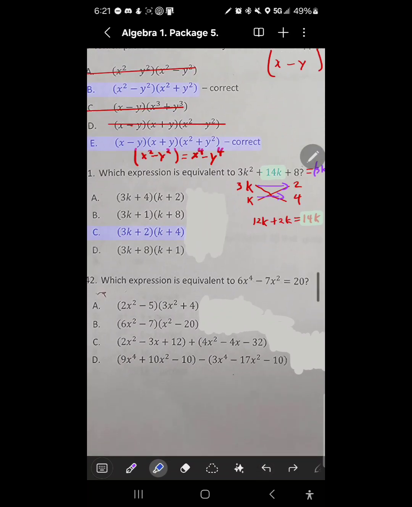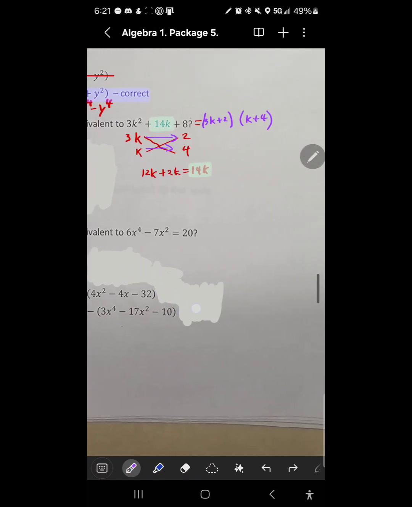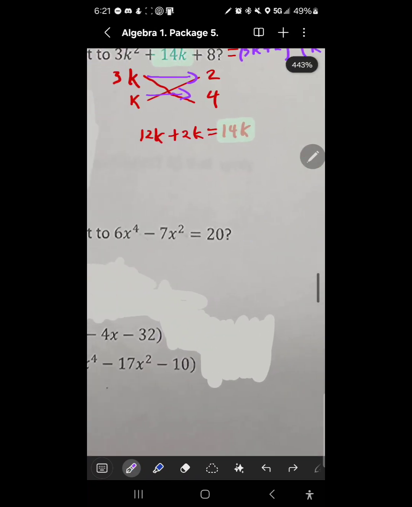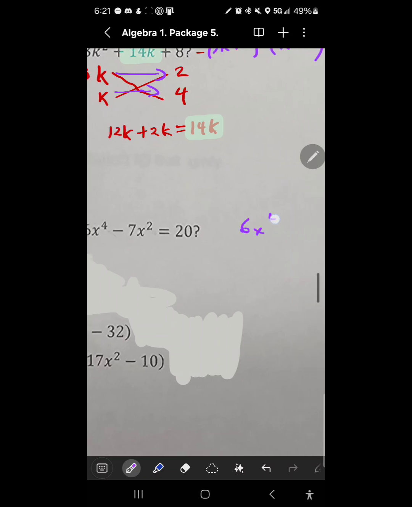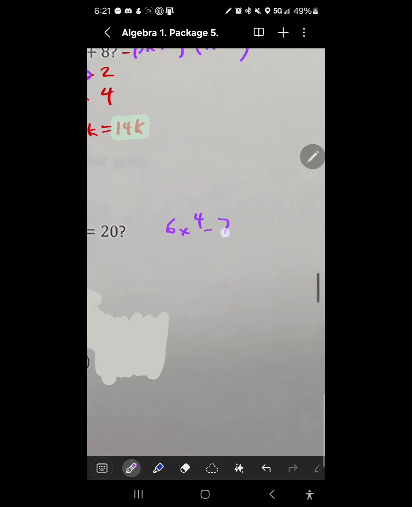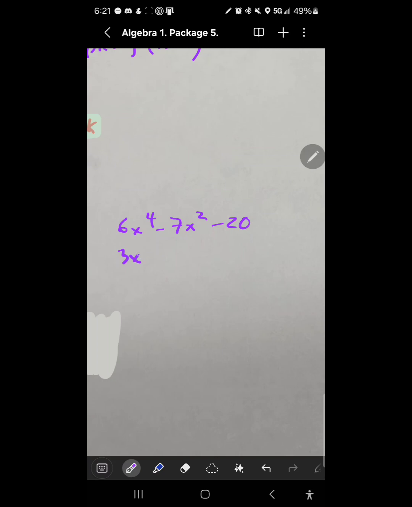Yep. And here, okay. So if we subtract 20 from both sides, we get 6x⁴ minus 7x² minus 20. Now we need to follow the same process. I will say 3 and 2, so 3x squared and 2x squared.